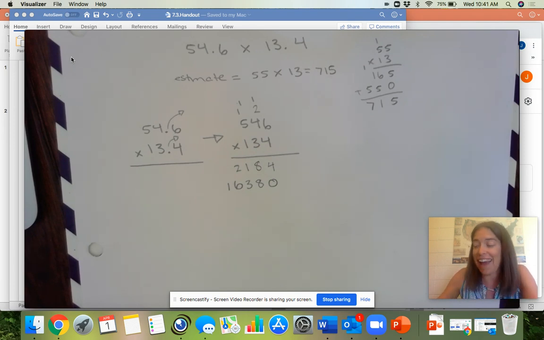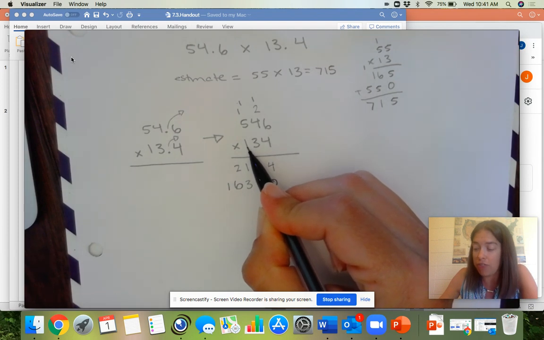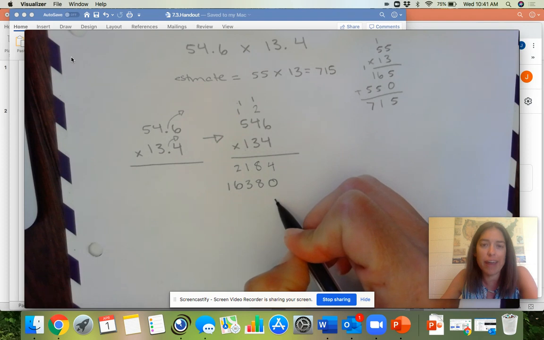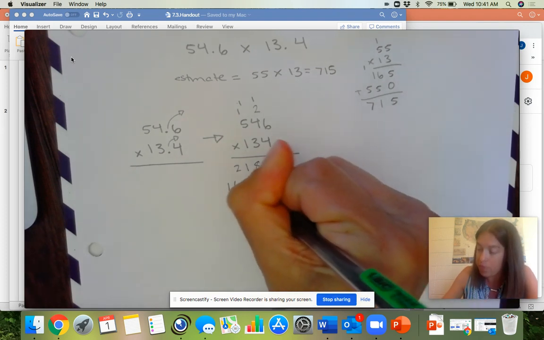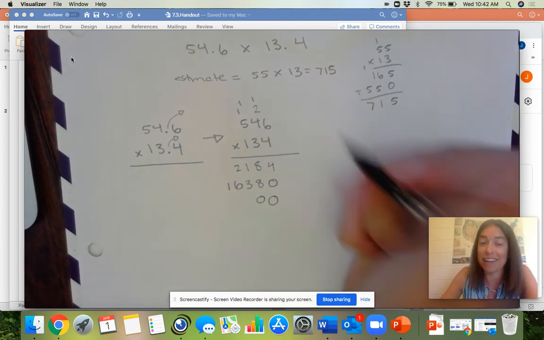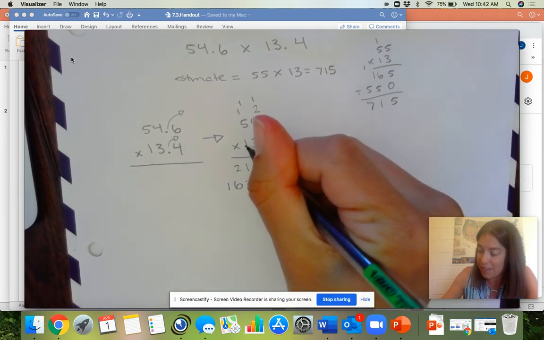All right, now this is a big one. I'm not done. I need to multiply by this 100. And since I'm multiplying 546 by 100, I'm not just putting 1 0 as my placeholder. I actually need to put 2. Now I'm ready to multiply. Luckily, I only have to multiply by 1. 1 times 6.